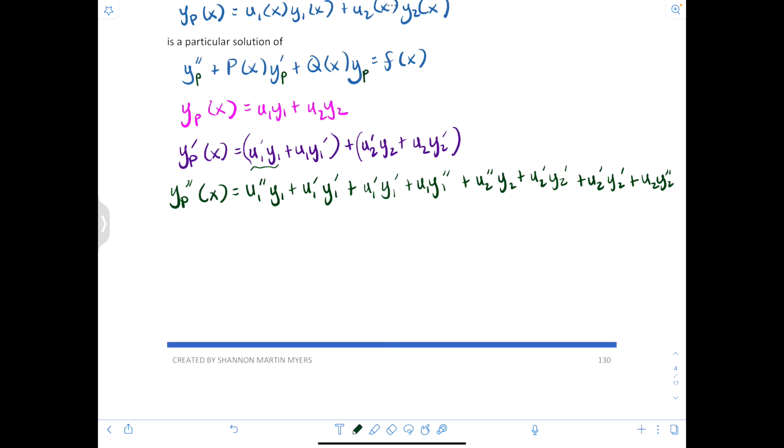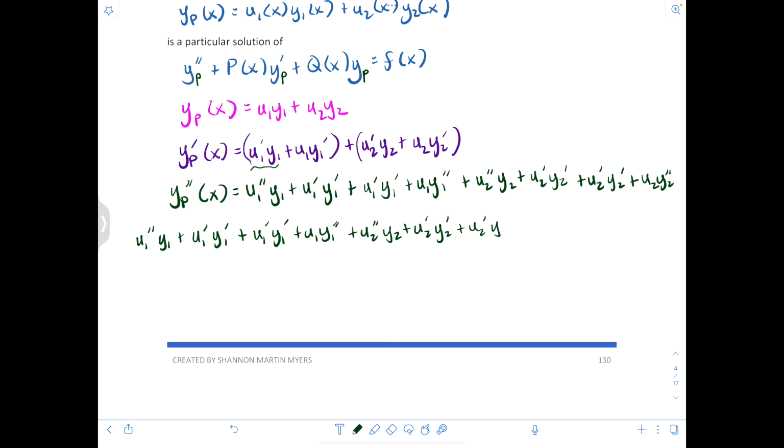So for our particular solution, we will have u1 double prime y1 plus... all right, so that was my y double prime at x.